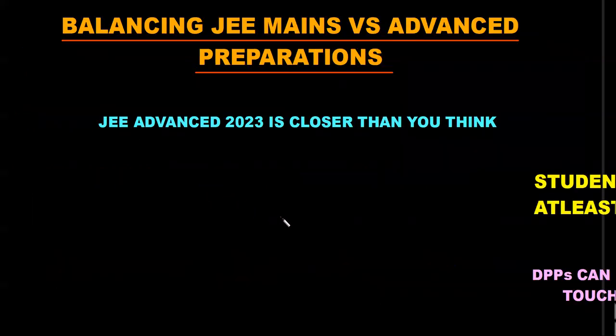Now the important part, balancing JEE Mains versus JEE Advanced preparation, like many students were asking. You should realize that JEE Advanced is much more closer than you think. The initial mindset that most of the subscribers on this channel have is that they're all very serious students. I see the comments on my videos, and very serious students are there who want both Mains and Advanced ranks.